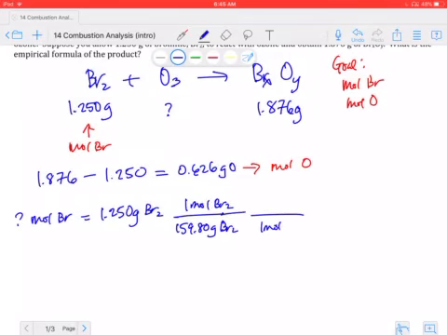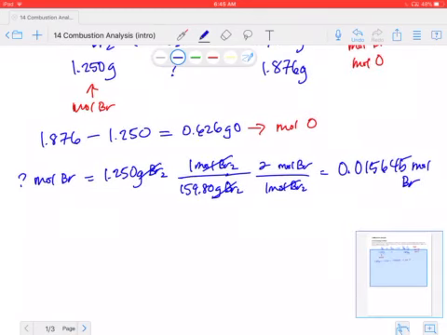And for each 1 mole of Br2, we have 2 moles of bromine. Okay, so grams of bromine cancel, moles, moles. We end up with our moles of bromine. So this number is 0.015645 moles of bromine.